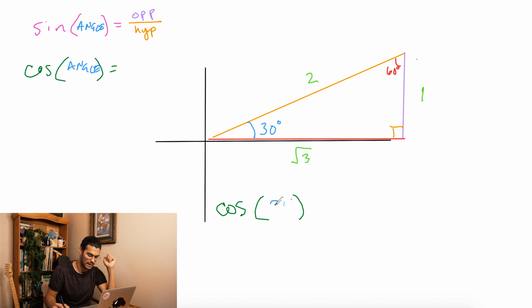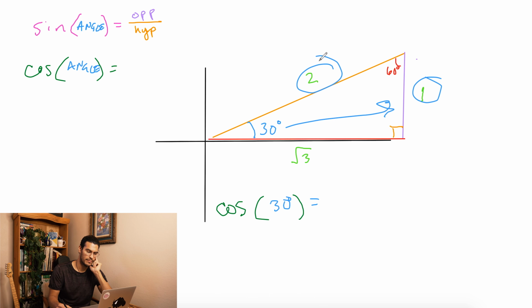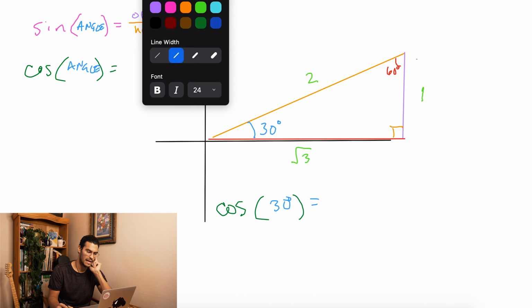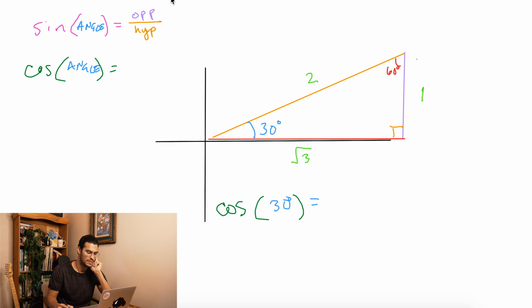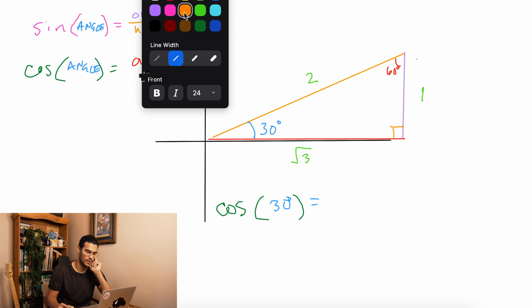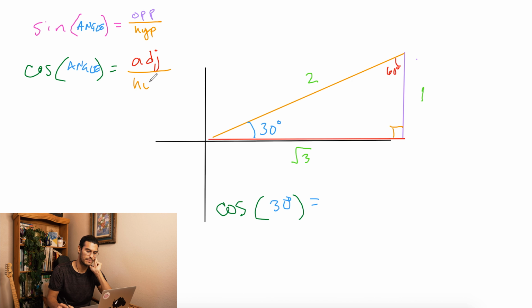We're going to start with that lower angle again. Because we're doing cosine, we're not going to do the same thing. We're not going to do 1 over 2 again. Cosine is not opposite over hypotenuse. Instead, cosine is adjacent over hypotenuse. So what does adjacent mean?